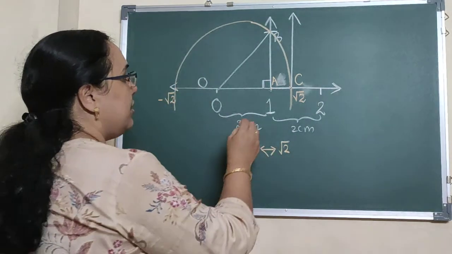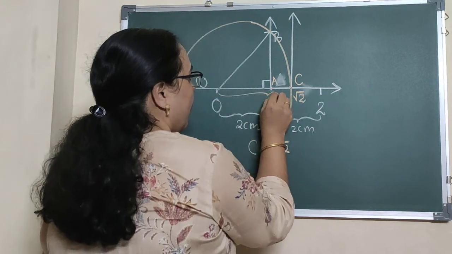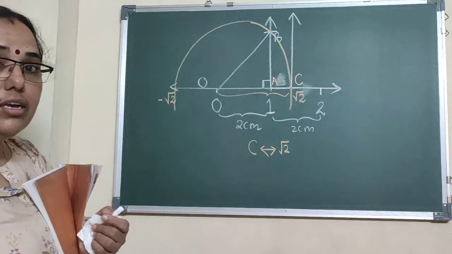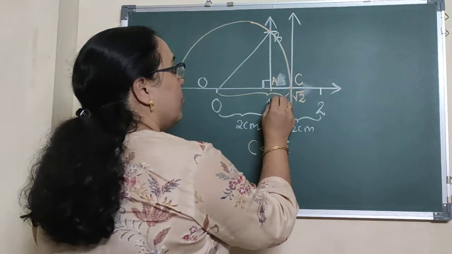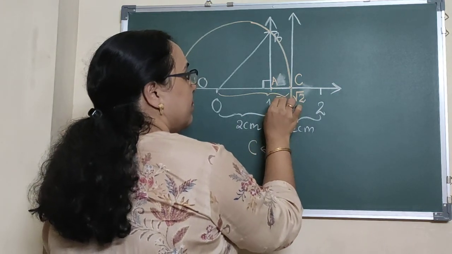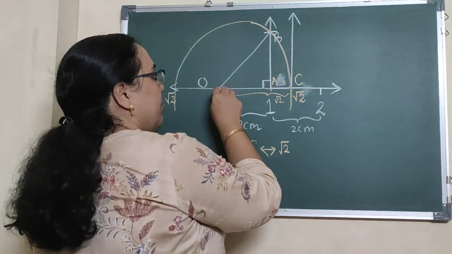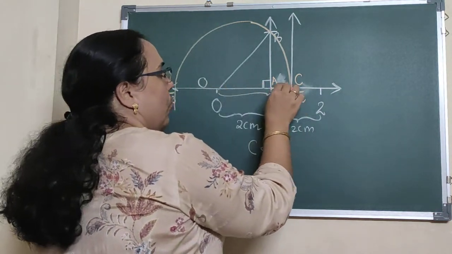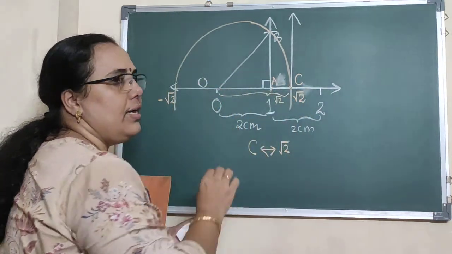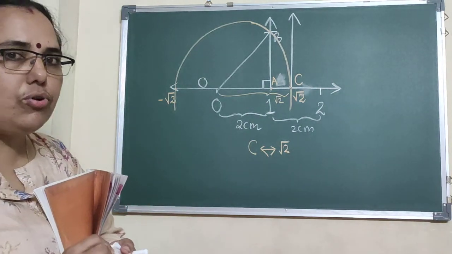And what is distance AC now? Distance AC is root 2. Is that very clear? Followed. Whenever we compare, we take distance from O, right? From 0. So greater coordinate minus smaller coordinate. The distance is root 2.